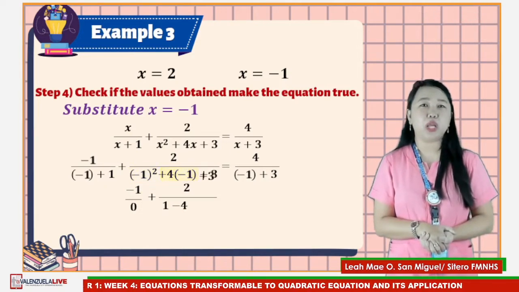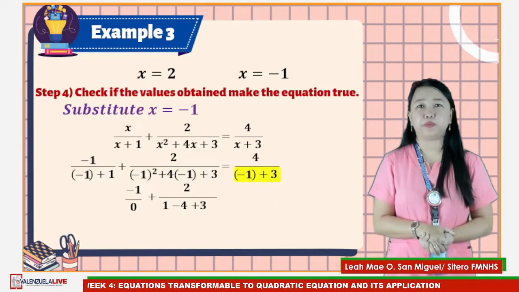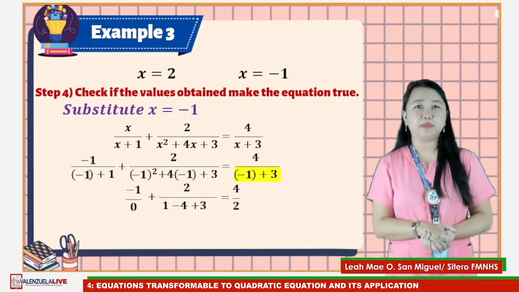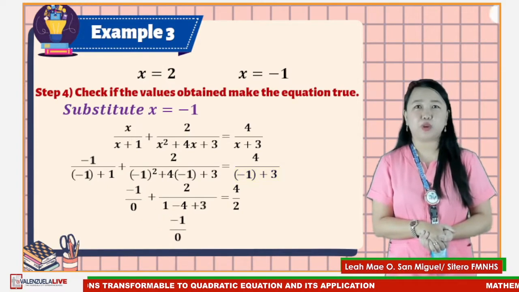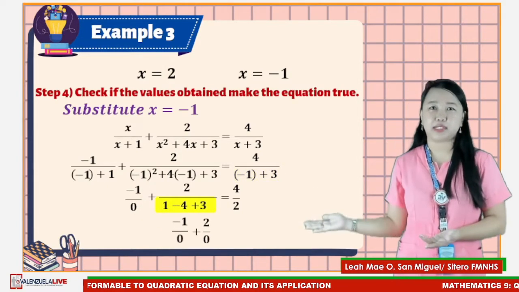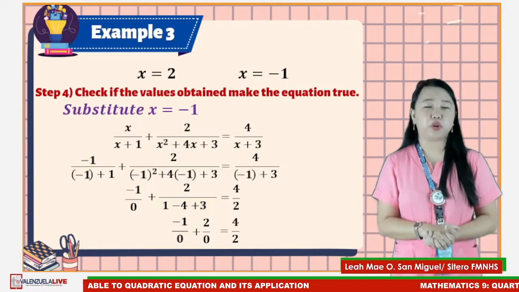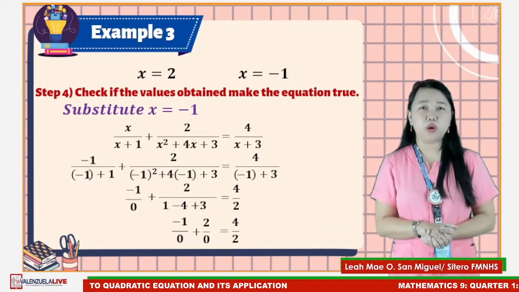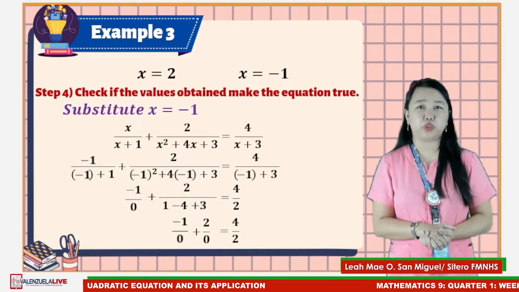And -1 plus 3 is 2. Then, 1 minus 4 plus 3 is equal to 0. That is why we have this. -1 over 0 plus 2 over 0 is equal to 4 over 2.